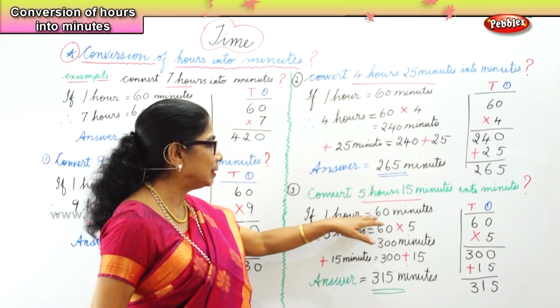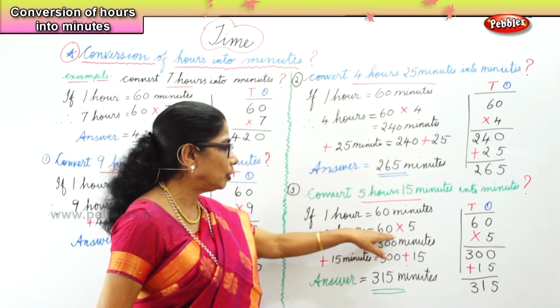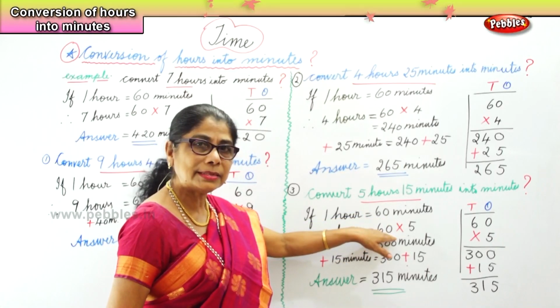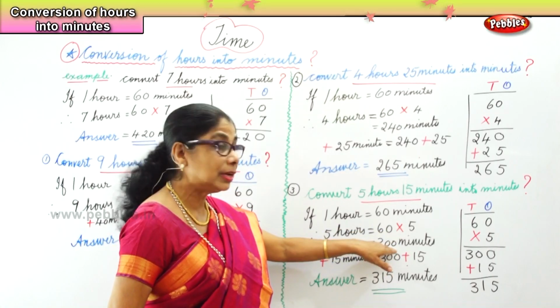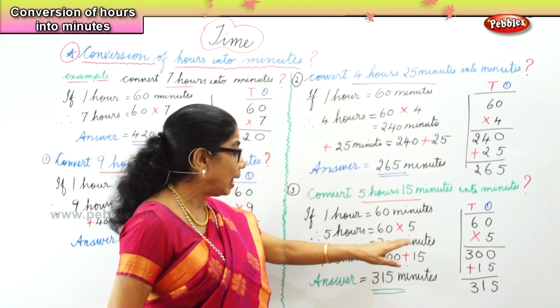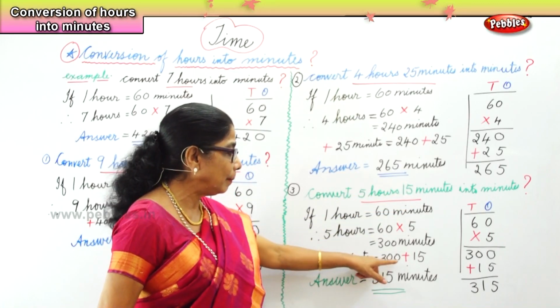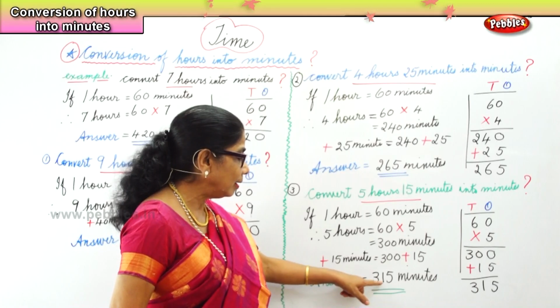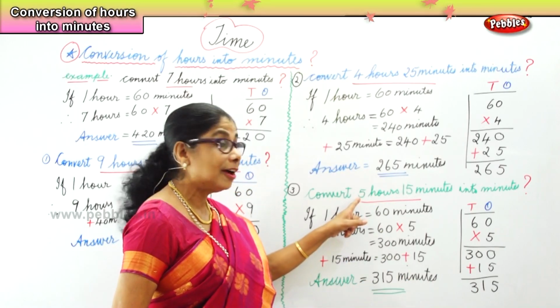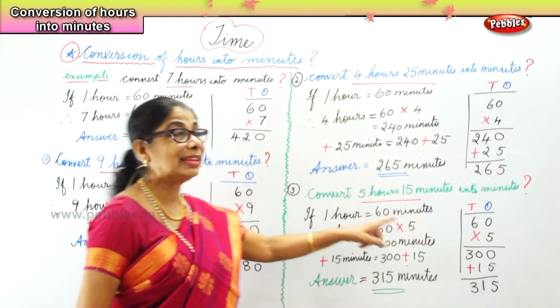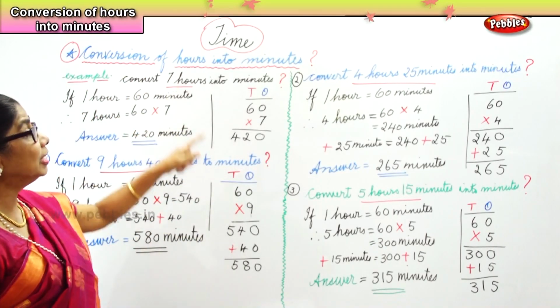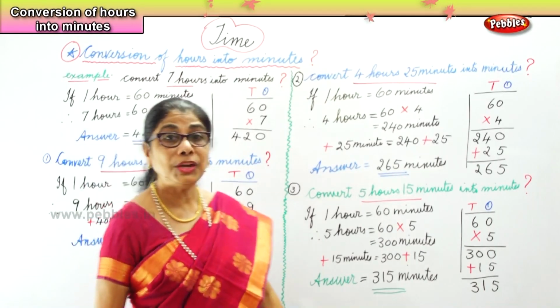So if 1 hour is 60 minutes, 5 hours will be 60 minutes into 5, which gives us 300 minutes, and then the 15 minutes added on. So 300 plus 15 is 315 minutes in 5 hours, 15 minutes. We learned today conversion of hours into minutes.